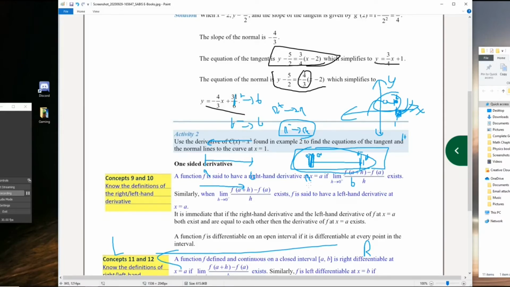So this exceptionally small distance from A plus to A, which is right here, is what I care about. So I don't care if here it's undefined, the function is going crazy here, whatever. I don't care about any point right here.